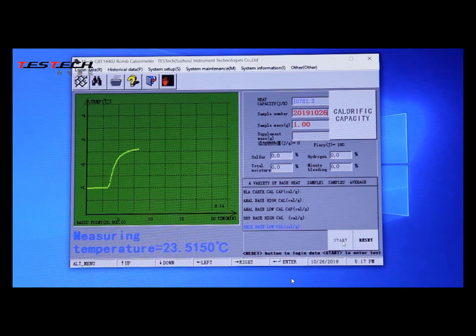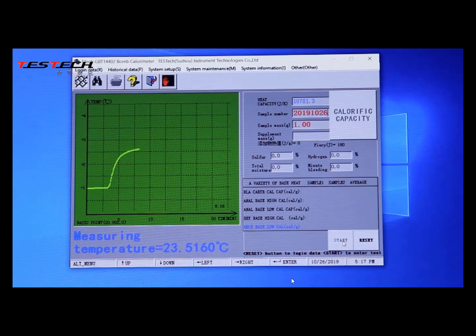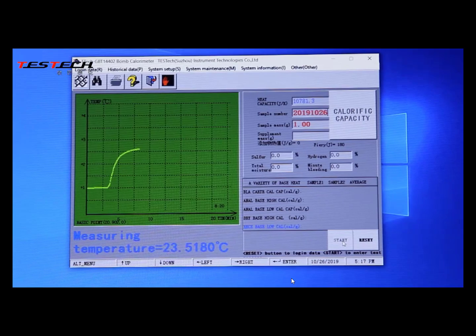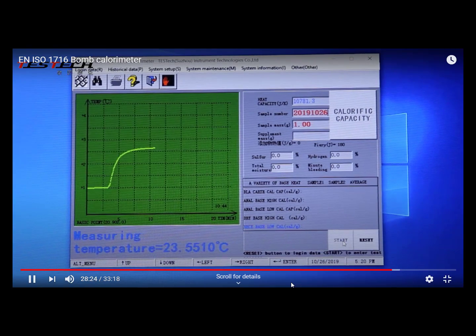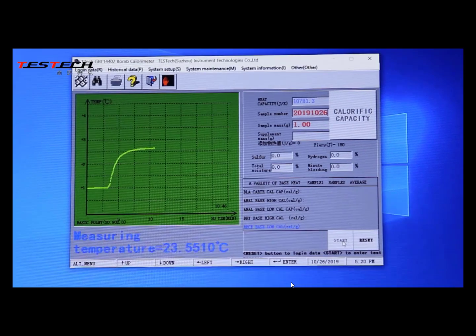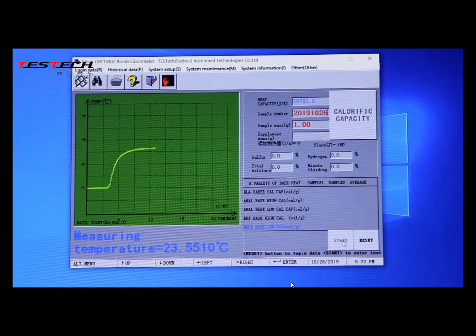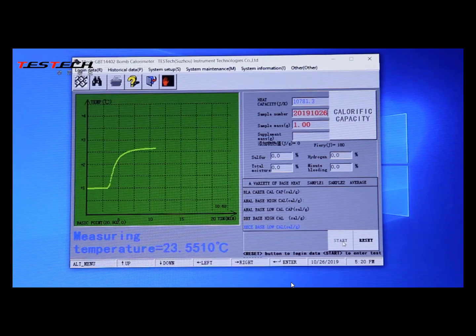Here it is, and I've speeded that up, but effectively the temperature accelerated up to about 23.5 degrees, and it's more or less stayed there, and that will be the data that's relevant to the test.